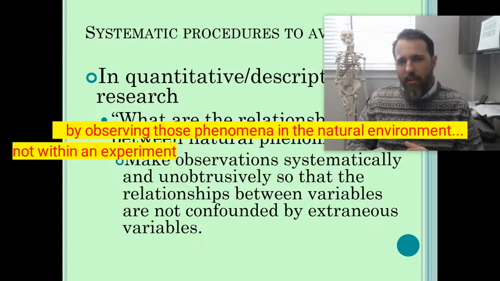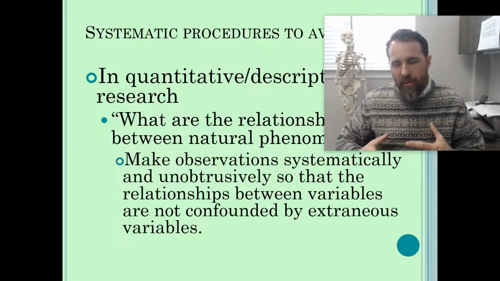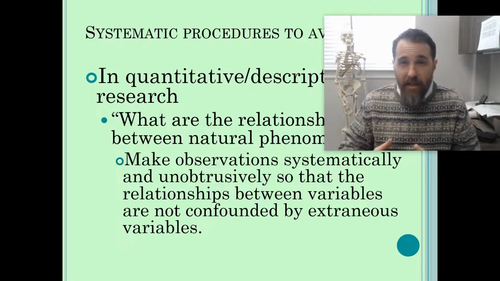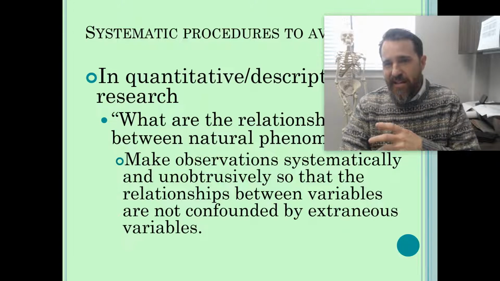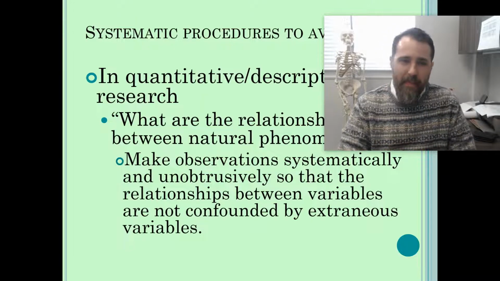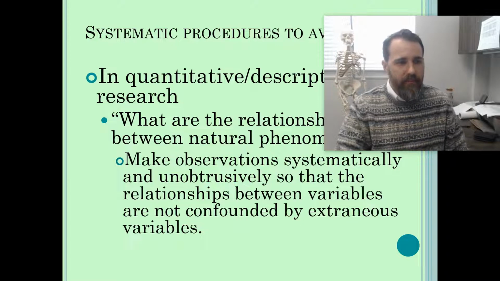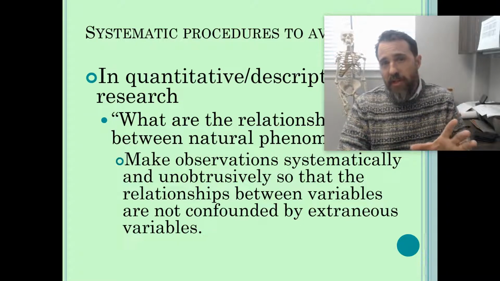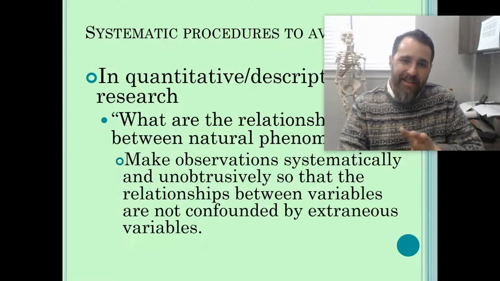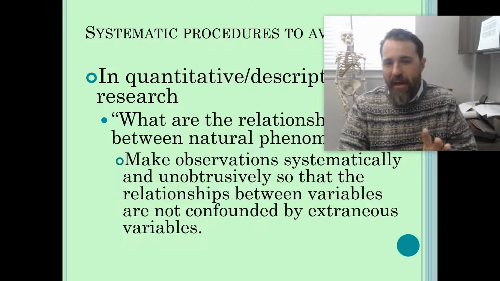So in order to avoid bias, you want to make your observations as systematically as possible and as unobtrusively as possible, so that the relationship that you're trying to look at doesn't get confounded by extraneous variables.